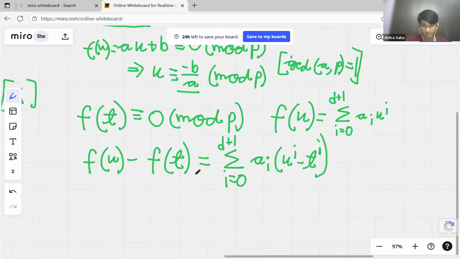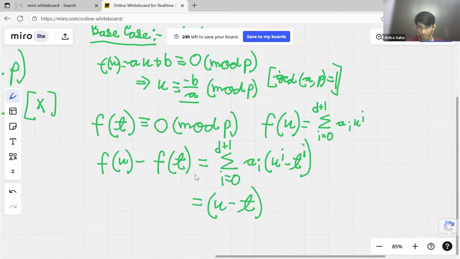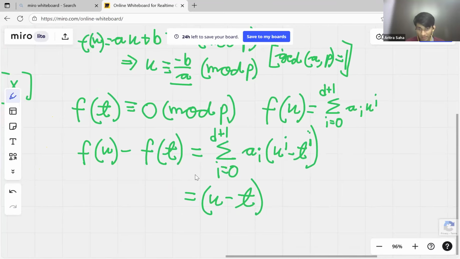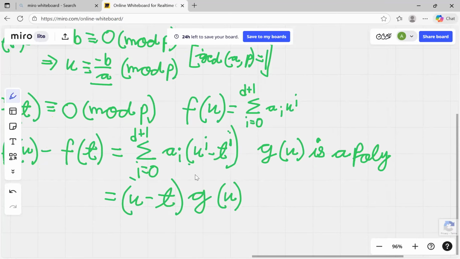And you can factor x minus t out. Exactly. So if we factor x minus t out, you will get some polynomial. This is a degree d plus 1 polynomial. We factor x minus t out, so the rest will be a polynomial of degree d. We just write that as g(x), where g(x) is a polynomial in Fp.